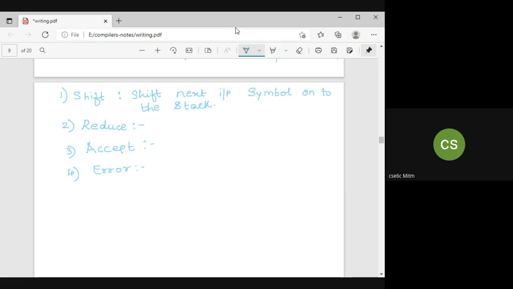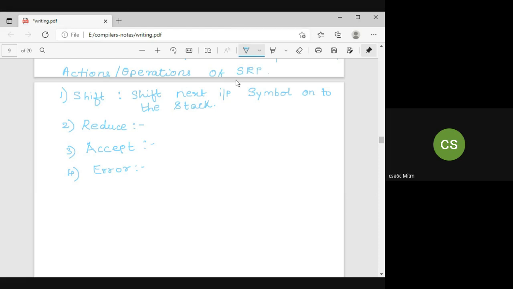So these are nothing but the four actions, we can call them operations, of the shift reduce parser. I'm going to write it as SRP.